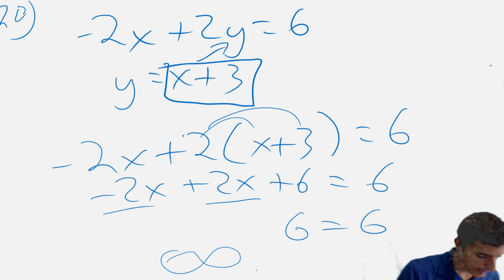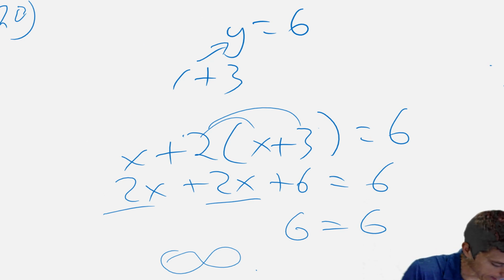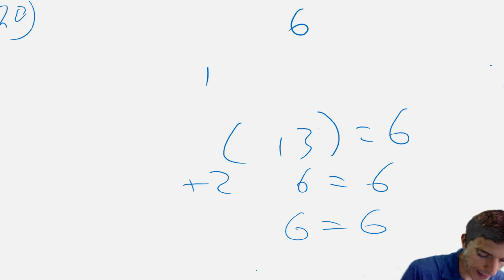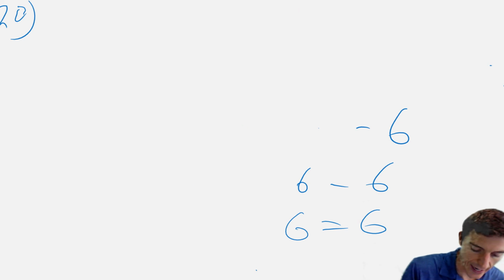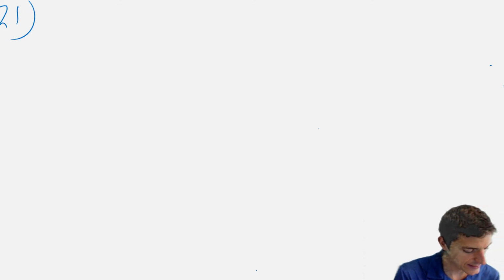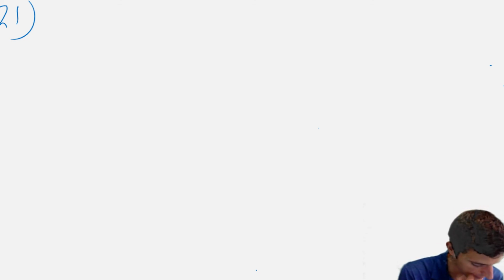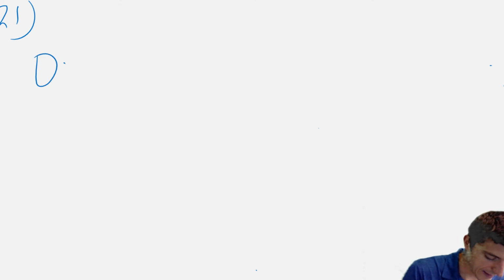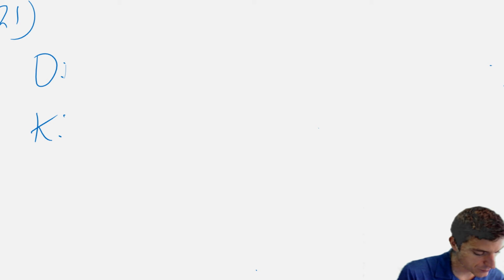Okay. I'm going to help you set up the equations in 21, but you're going to solve it in the same style. So in 21, we're selling some grass, sod, and ivy. Okay, so we got Dan and Kim. So we've got Daniel's equation and we got Kim's equation. Daniel spent 126.